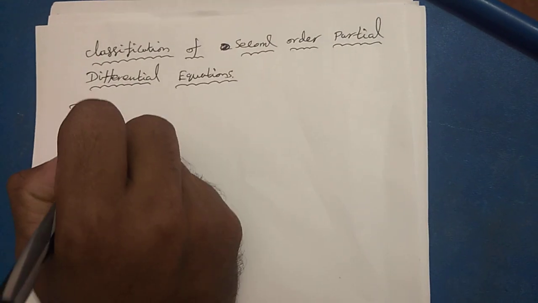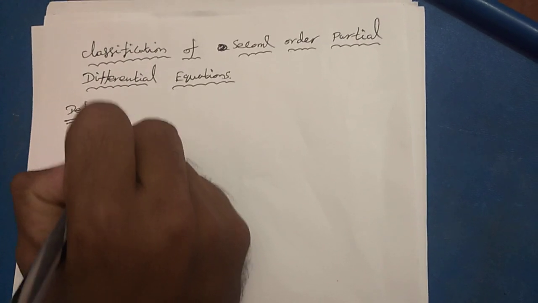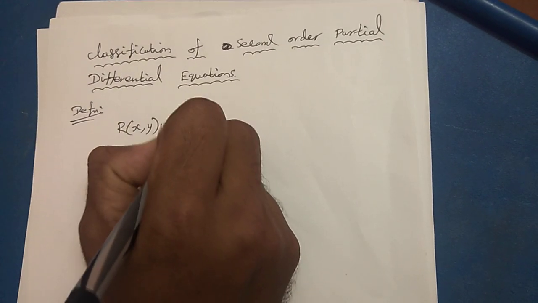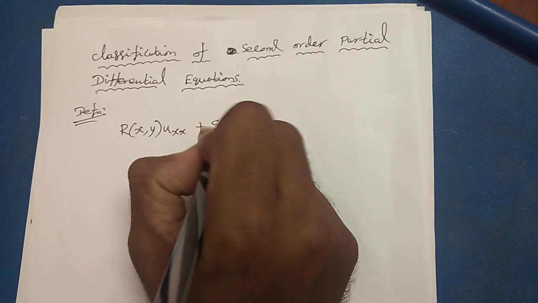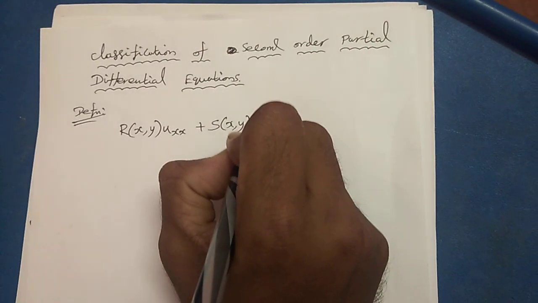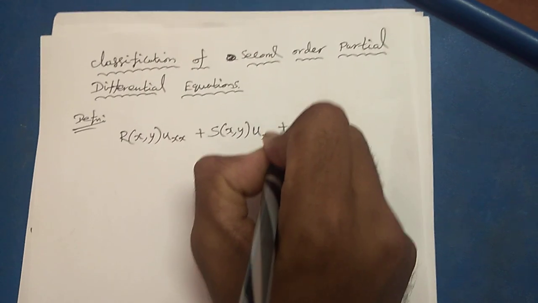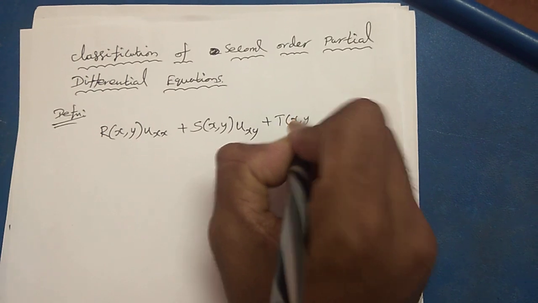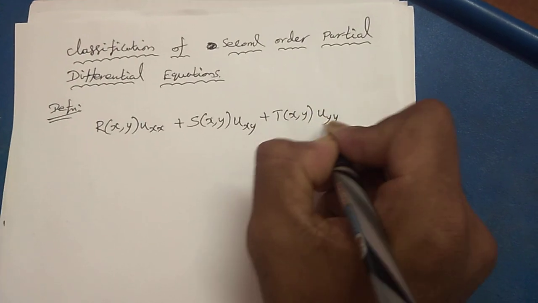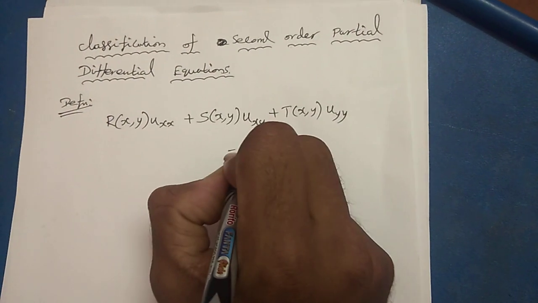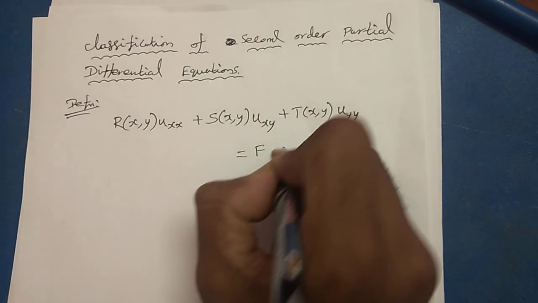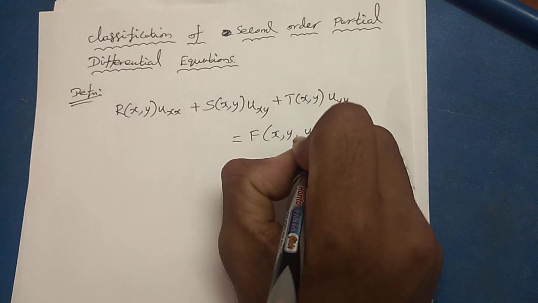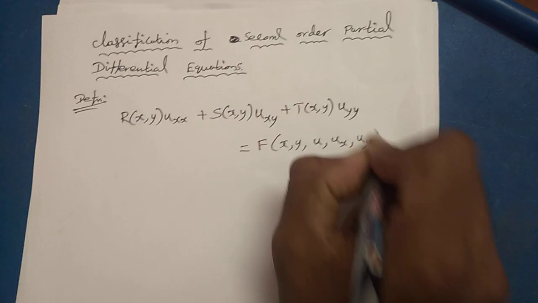The standard form is r of x comma y into uxx plus s of x comma y into uxy plus t of x comma y into uyy, which is equal to some function, let me take capital F, some function of x, y, u, ux and uy.